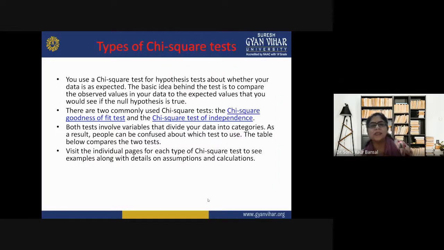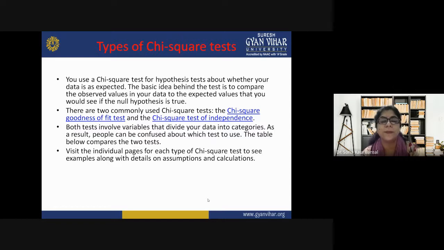Now, students, let's understand the types of chi-square test. You use a chi-square test for hypothesis testing about whether your data is as expected or not. The basic idea behind the test is to compare the observed values in your data to the expected values that you would see if the null hypothesis is true.